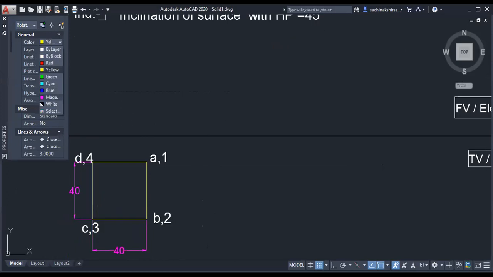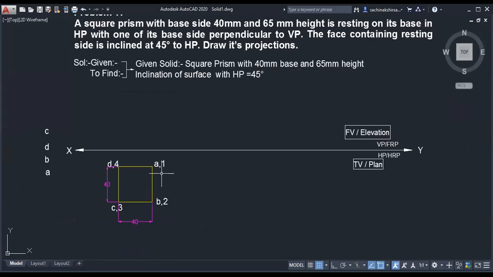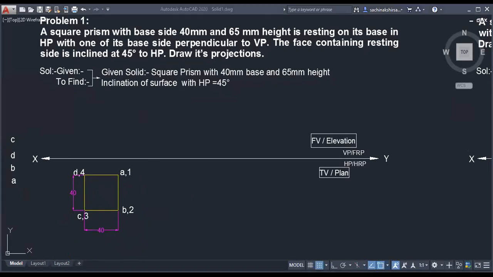For the base, what name have we given? At the start, we should draw very slowly. What is the name of the base? I will ask now randomly. Sarthak Lokande, is it possible for you to tell what is the base of this square prism and what is the top of this square prism?